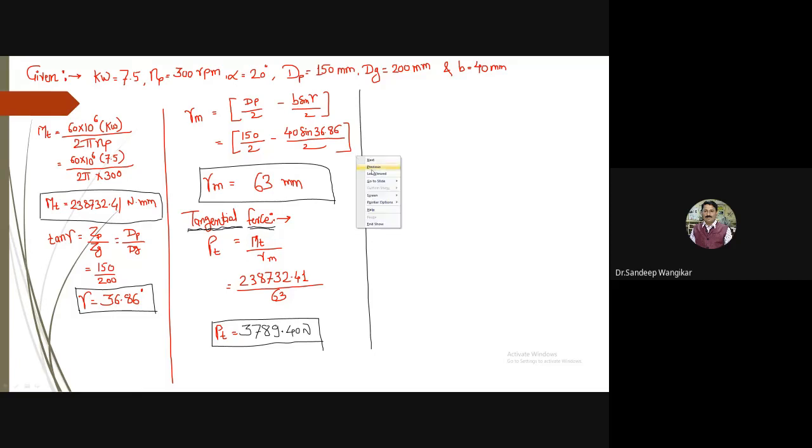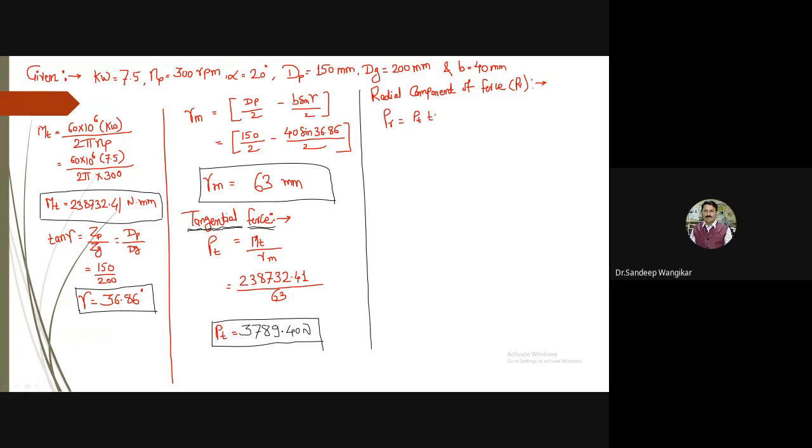Next, PR, the radial component of force. What is the formula? If you refer to the force analysis, PR is given by PT tan alpha cos gamma.